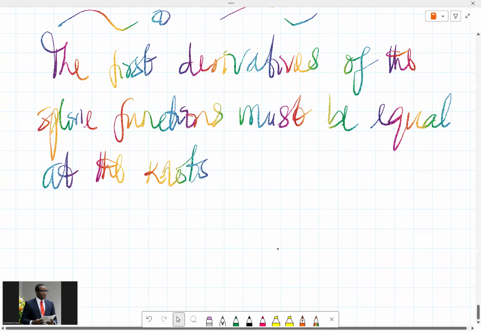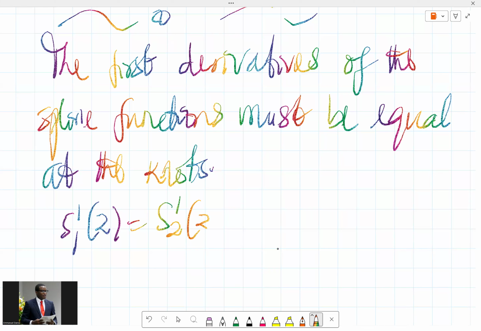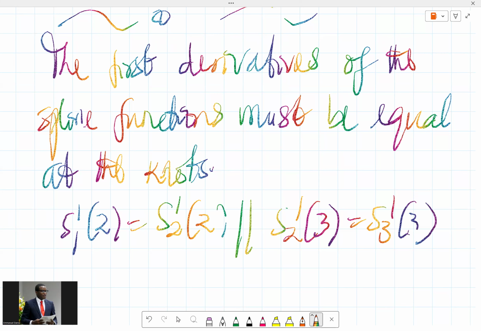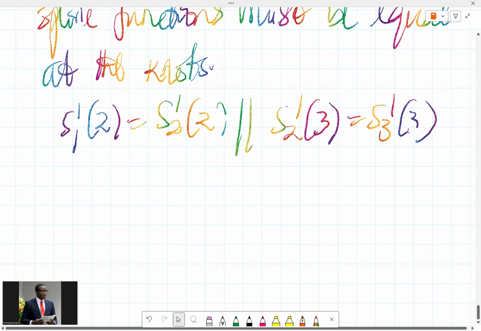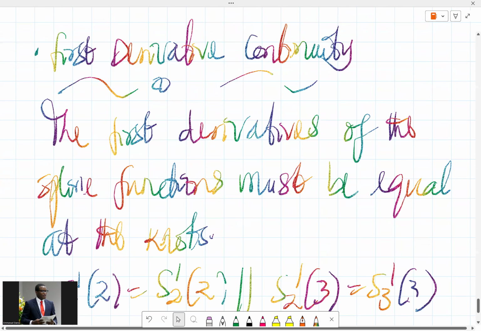So what that simply means is that S1 prime of 2 should be equal to S2 prime of 2. Then S2 prime of 3 must be equal to S3 prime of 3. So that ensures that we have a smooth curve going on. That's talking about first derivative continuity.